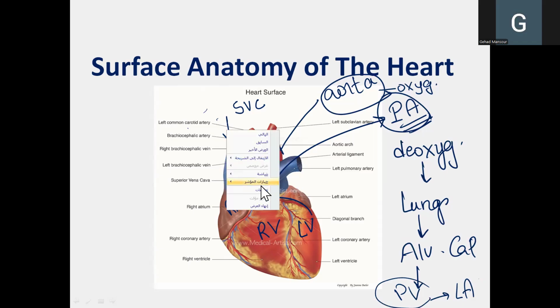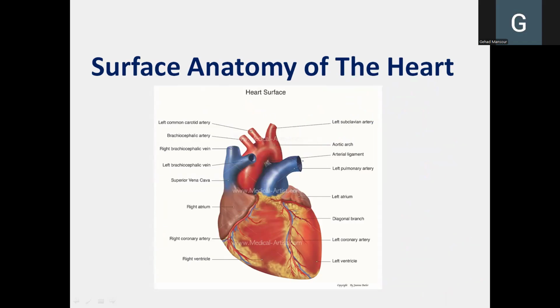Another important concept here, or side item, is that the pulmonary artery is the only artery in adult persons that carries deoxygenated blood. How does oxygenated blood return to the heart? It returns via the pulmonary veins that we don't see here. And the pulmonary veins are the only veins that carry oxygenated blood.